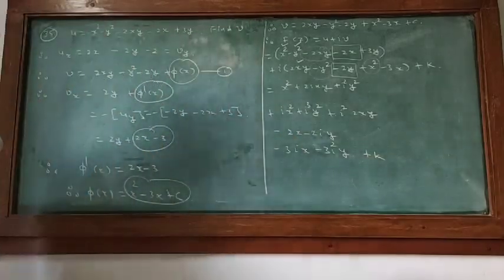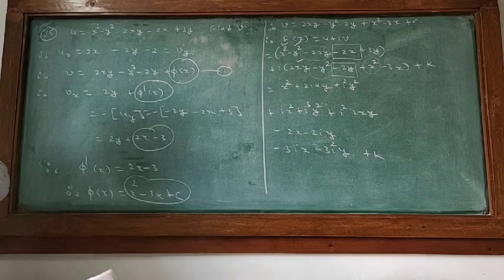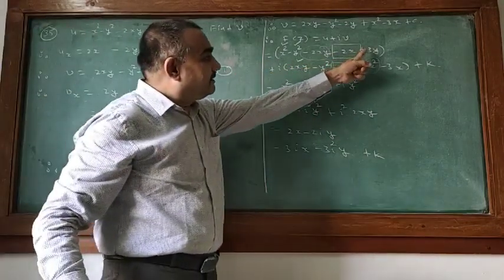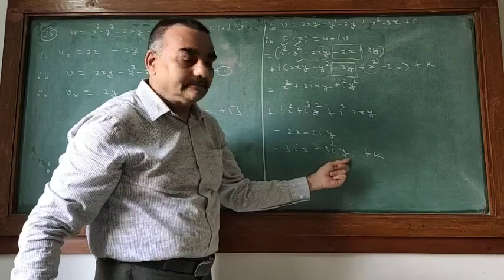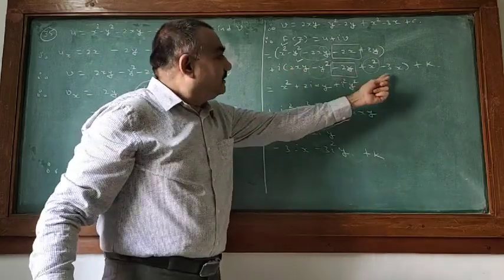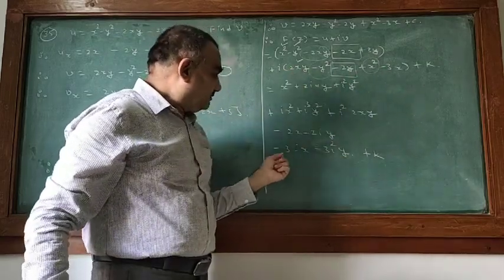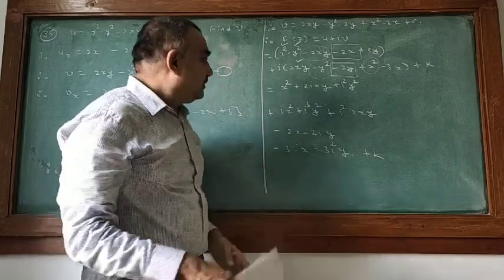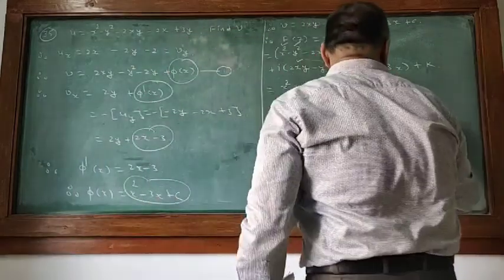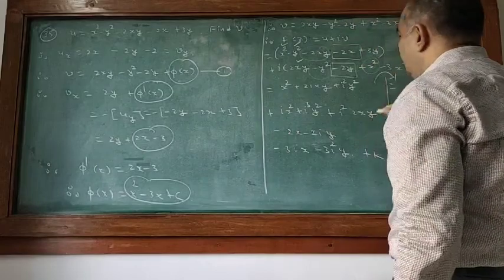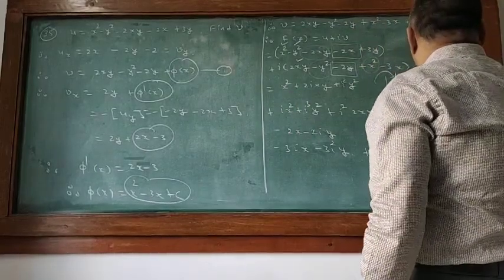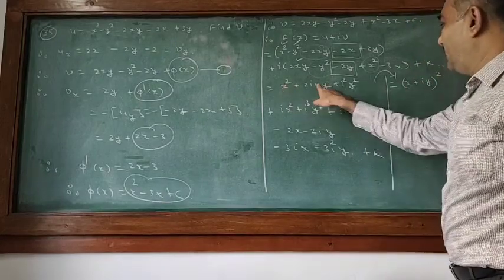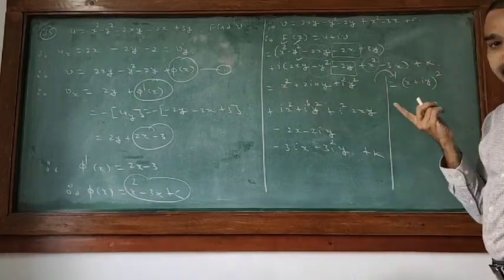Let's see how it is. Minus 3i square y, 3ix with negative sign. Now simplify. This is (x plus iy) square. Yes, it is.